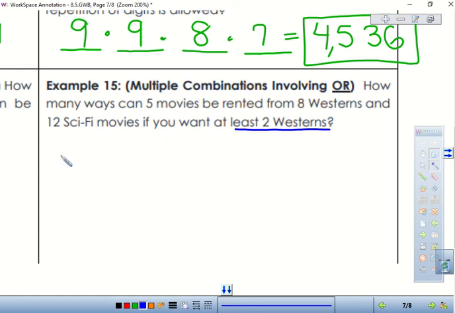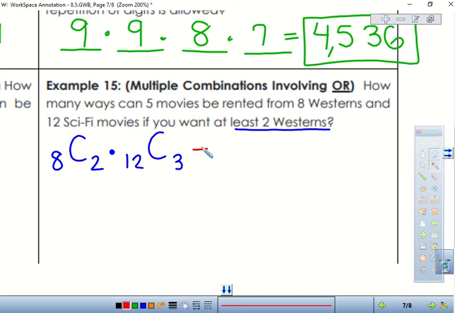You have 8 western movies, and you choose 2 of them, times you have 12 sci-fi movies, and you have to choose how many of those? 3. Because it has to add up to 5, right? So that's the first scenario that can happen. And then or, what operation do we use for or?